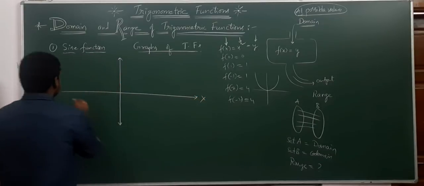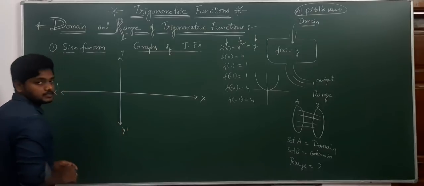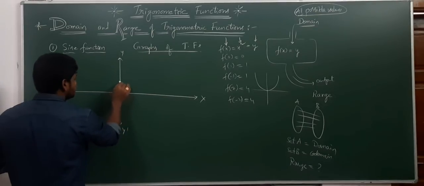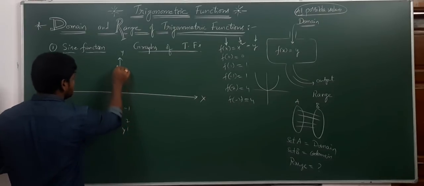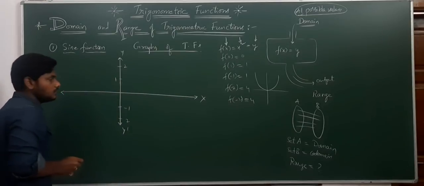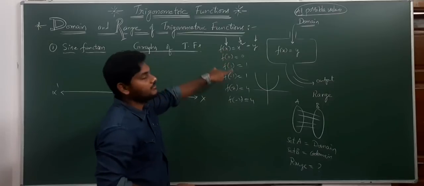So this is the x-axis, this is the negative x-axis, positive y-axis, negative y-axis. On the y-axis I will consider this as 1, this is minus 1, this is minus 2, and this is 2. On the x-axis, x values are nothing but domain values.